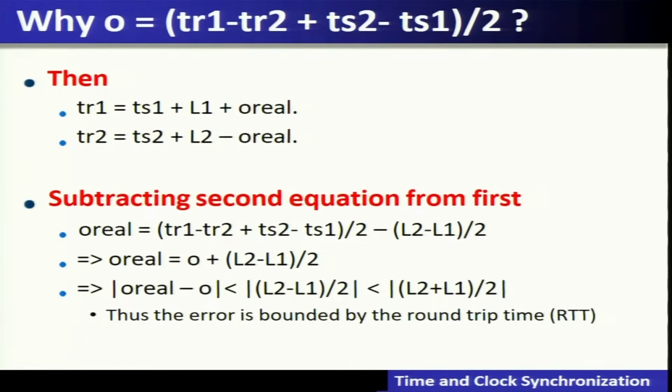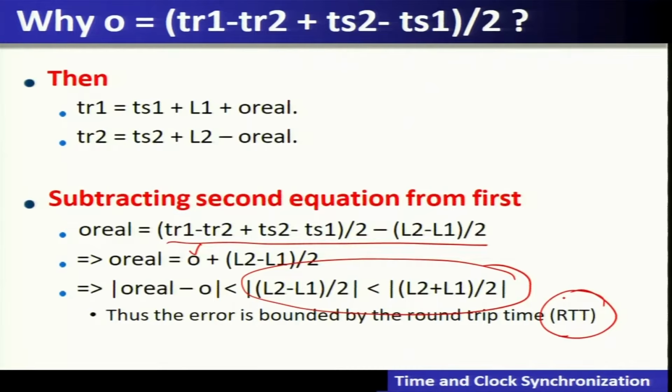So, the O real value comes out to be this particular equation, which is nothing but the offset O that we have simplified. So, O real minus O will become this particular value, which is bounded by the round trip time.